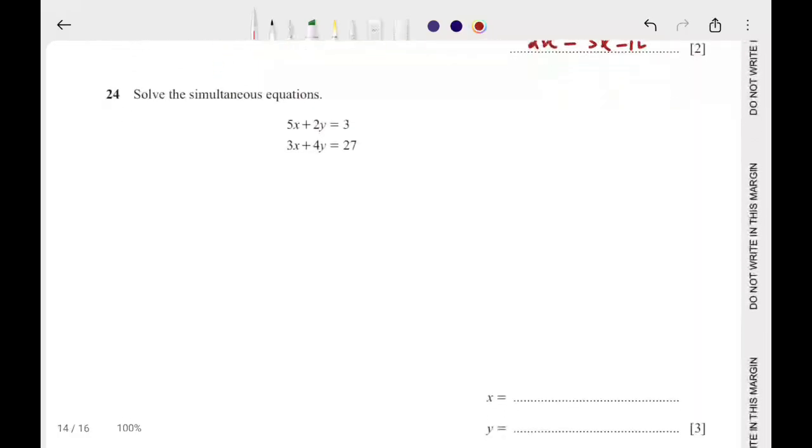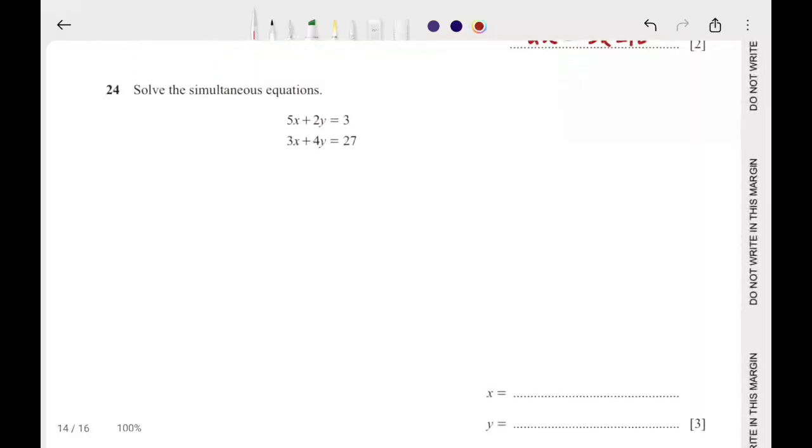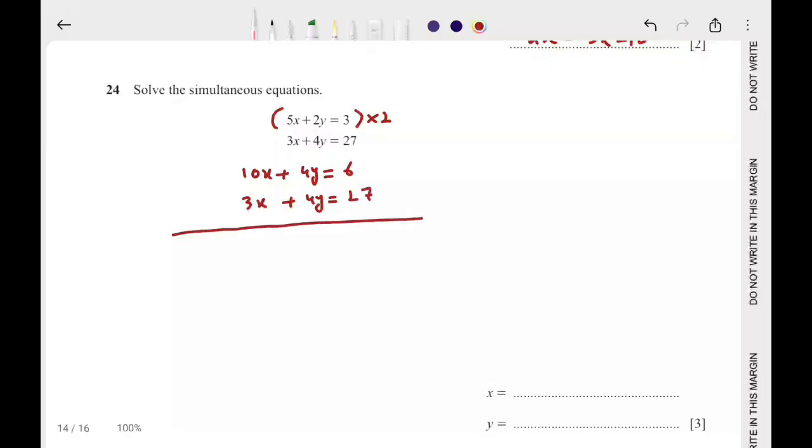Next question, solve the simultaneous equations. What we can do is multiply equation number 1 by 2. So it will be 10x plus 4y is equal to 6, and 3x plus 4y is equal to 27. So we can use the elimination method.